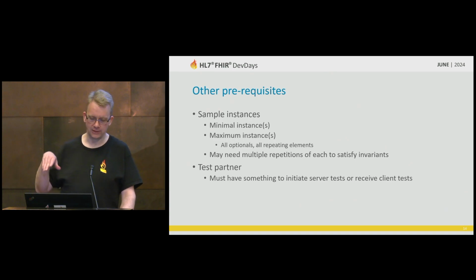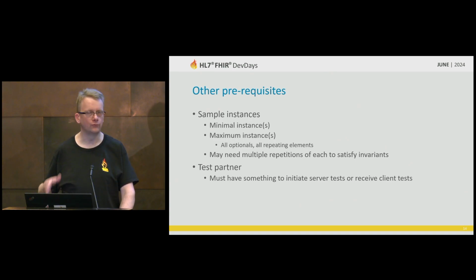But the general expectation here is that you come into the testing process for each one of your profiles with either a minimum or a set of minimum instances and a maximum or a set of maximum instances that can then be used in the testing process.